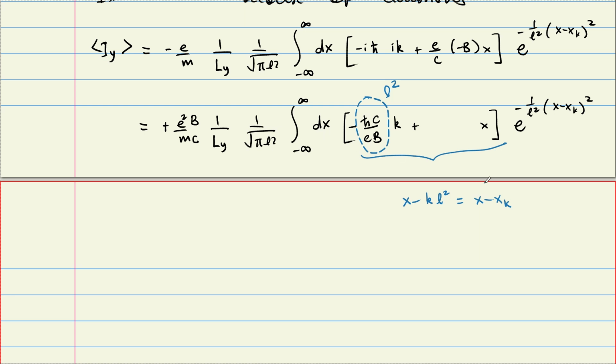We can change the integral variable from x to x minus xk, and each integral is going to be centered there. So the Gaussian here is even, and this x minus xk over l is odd. Then the entire integral is going to be 0.